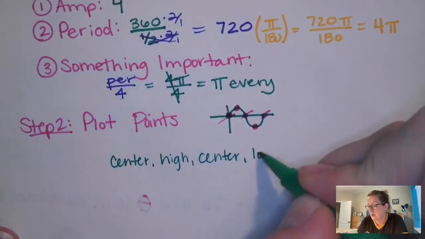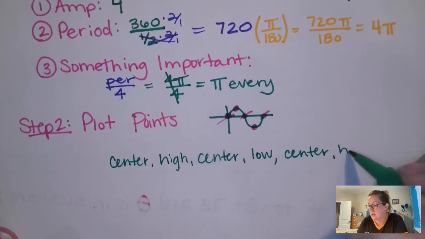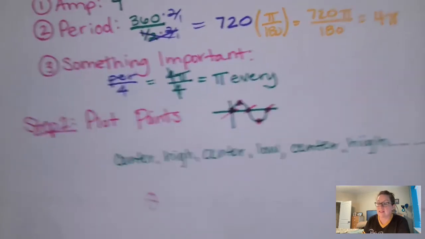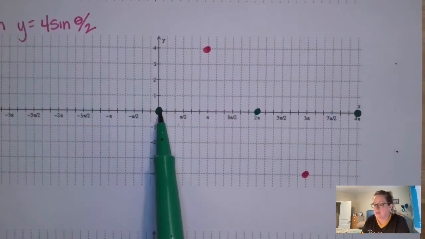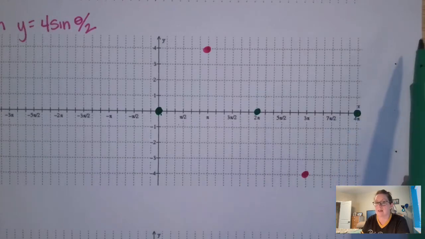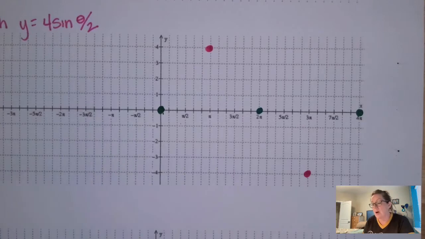We're going to plot something low. We're going to plot something in the center. We're going to plot something high. Do you see how it just keeps going and going and going? Because this is cyclic, it's a pattern, right? So we have center, high, center, low, center, what's coming up next? High.